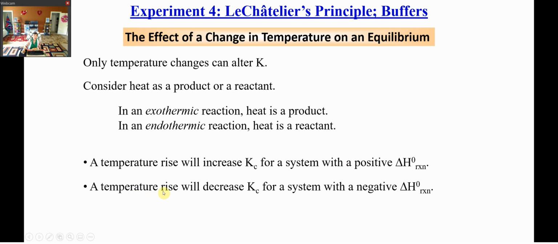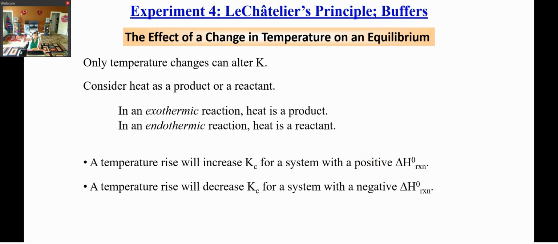As the temperature rises, K will decrease if your system has a more negative delta H. So that's two different impacts. Again, you need to know whether your reaction is exothermic or endothermic. If it's exothermic, you consider heat as your product.